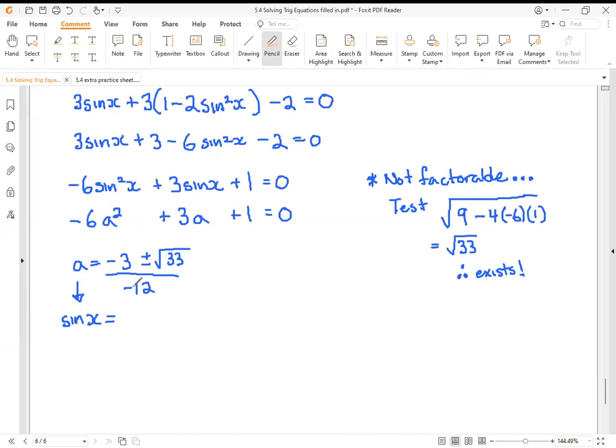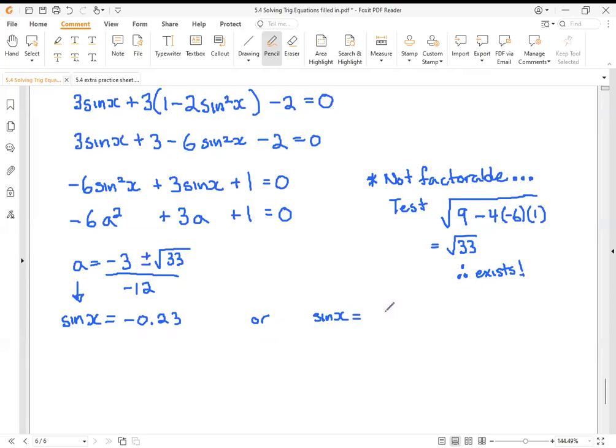We've got negative 3 plus root 33 divided by negative 12, which gives me a negative 0.23, or sine x equals negative 3 minus root 33 divided by negative 12.